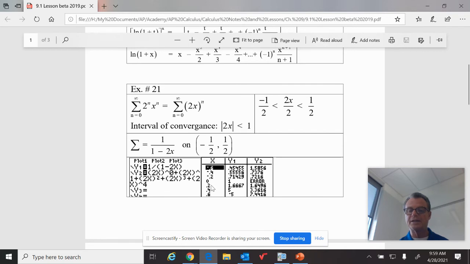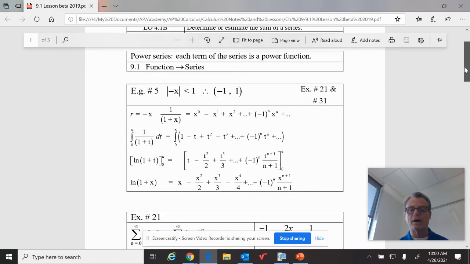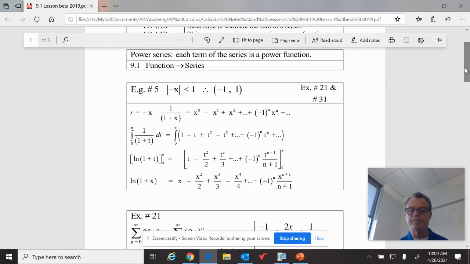But as you get inside the interval, y1 and y2 are close. And then what we want to do is take this expression and anti-differentiate it. So if you need to pause the video again and go back to example 5, do that.